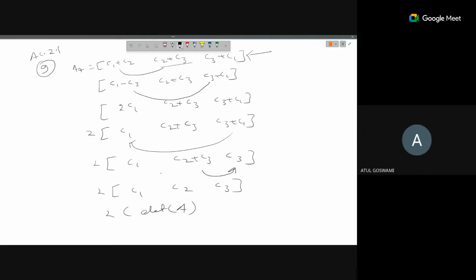So what you are saying is that the determinant should be zero. This is not the condition for determinant zero. A condition for determinant zero is something different, like suppose two columns are the same, or maybe one column is zero. These are the conditions for determinant zero.